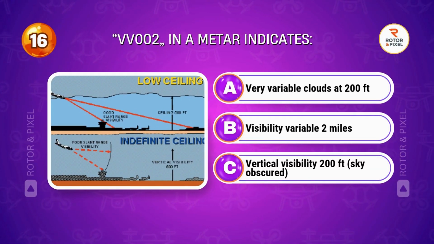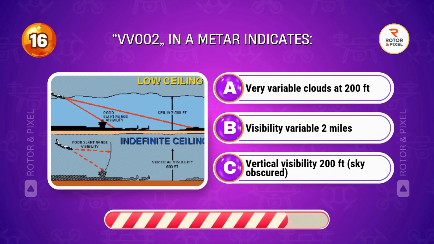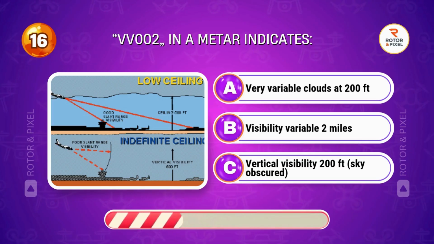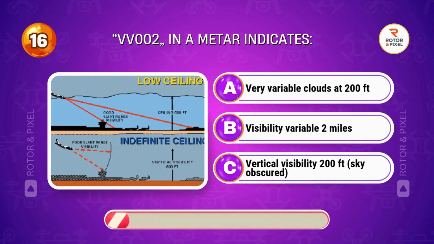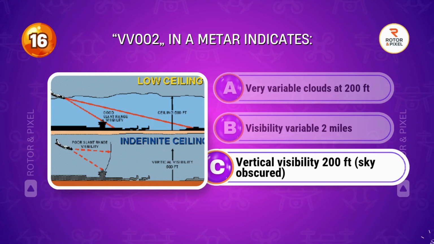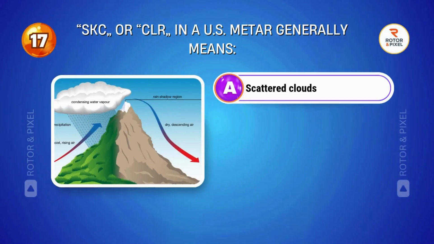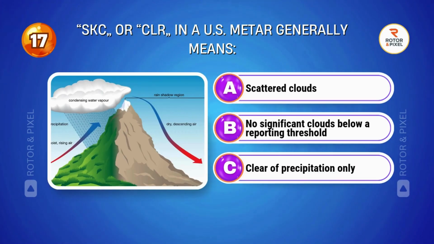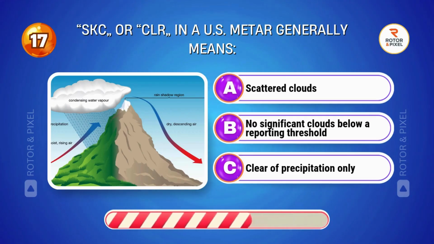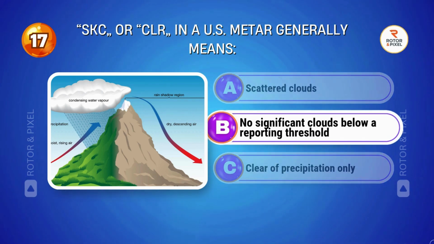VV002 in a METAR indicates... Answer C, vertical visibility 200 feet, sky obscured. SKC or CLR in a US METAR generally means... Answer B, no significant clouds below a reporting threshold.